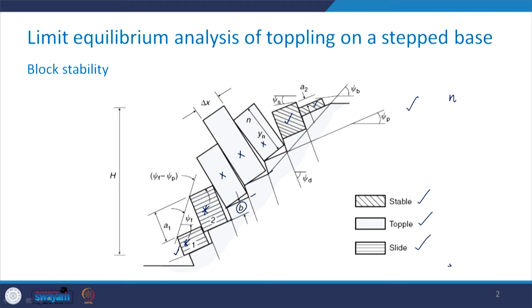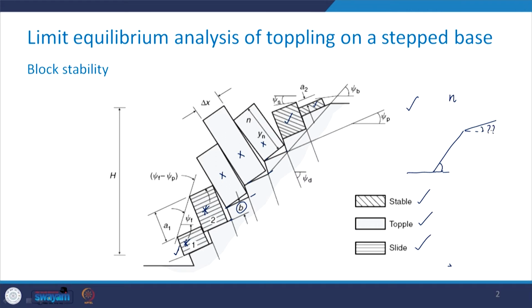Here, the lower part of the slope has one slope, however, above the crest the slope is something else. So, basically it will look like this: this has one value and the upper portion has the other value.